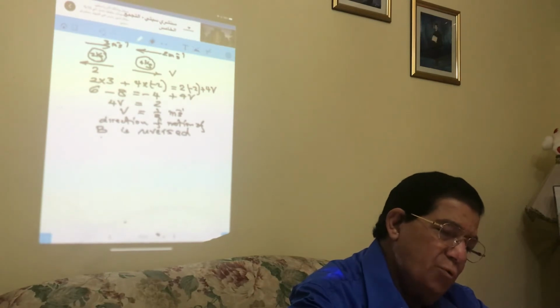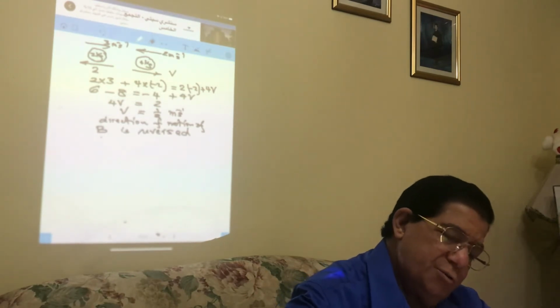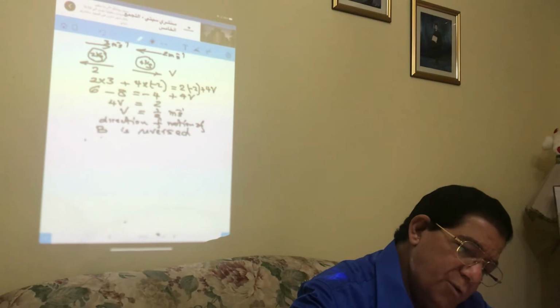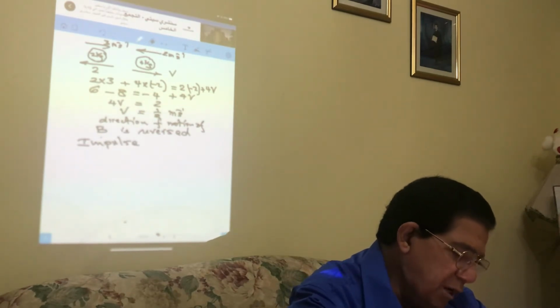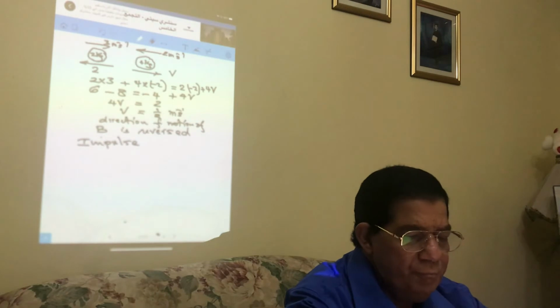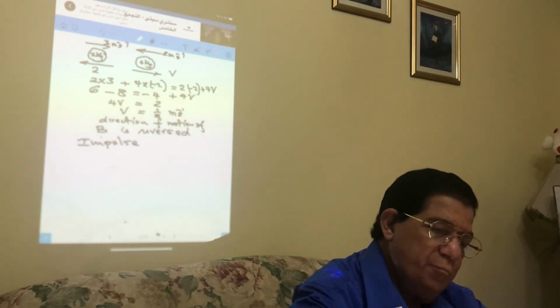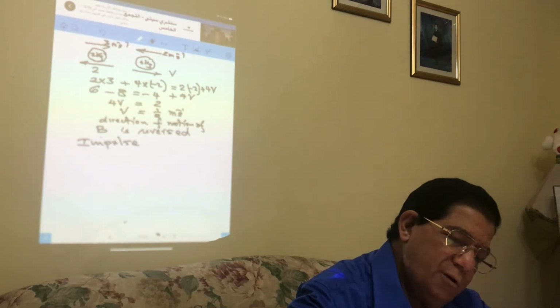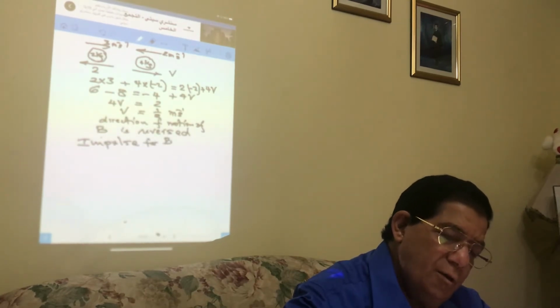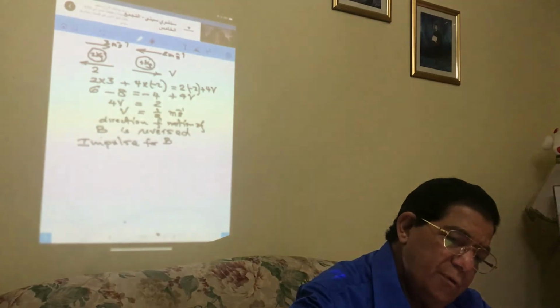Now we come to calculate the impulse. It said in the question, what is the impulse given by A to B? So you want to consider particle B. Okay, impulse on B. We write the rule m(v minus u).